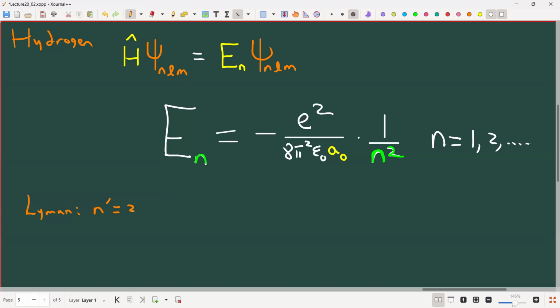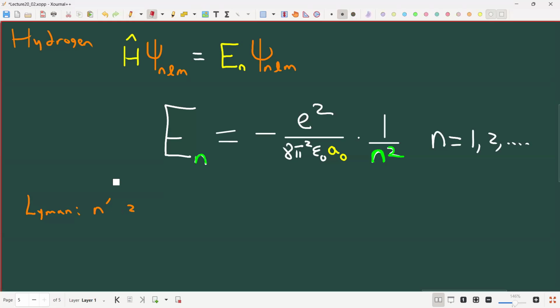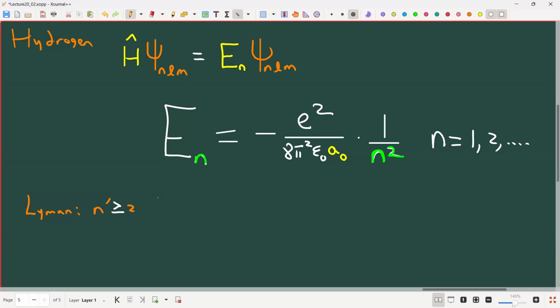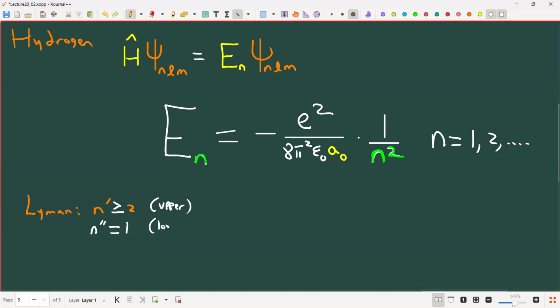No concept of that. But what we do know is that he's looking at absorptions. And his absorptions start at some upper level n equals 2. So the only thing that all these levels could be coming from is n equals 1. They all have n equals 1. So Lyman's starts at n prime equals 2. That's the upper level. And his lower level, n double prime, is equal to 1.